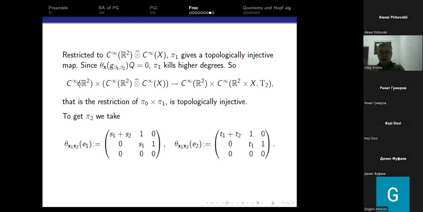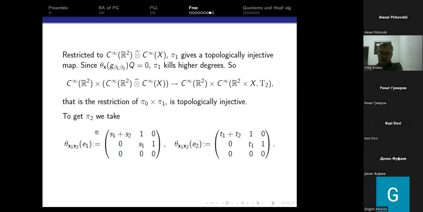And so we have that p0 and p1 induce the map from the first two factors in the big whole space to the product of these two algebras. And this map is topologically injective.